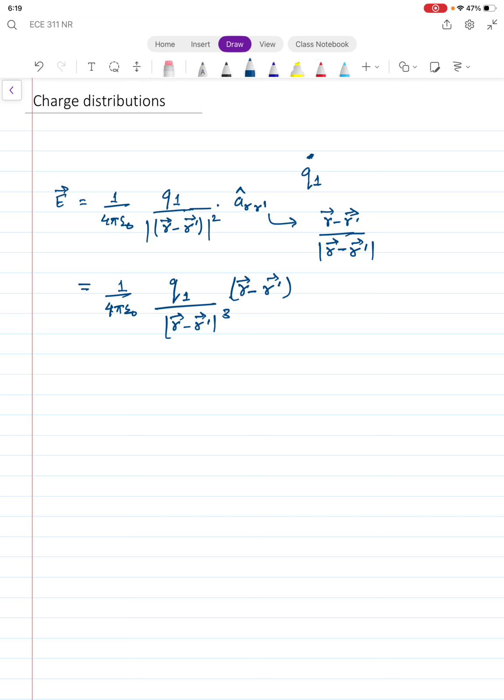However, if we have a collection of multiple point charges, let's say we have q1, q2, all the way up to qn, and we are trying to determine the electric field due to n discrete charges.